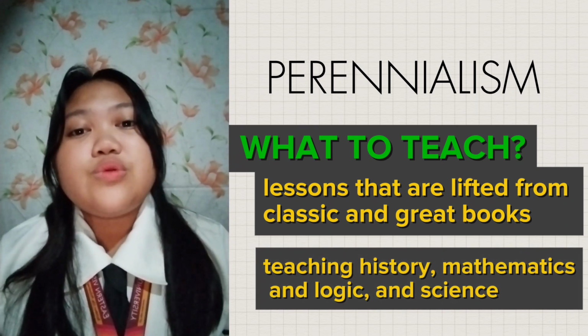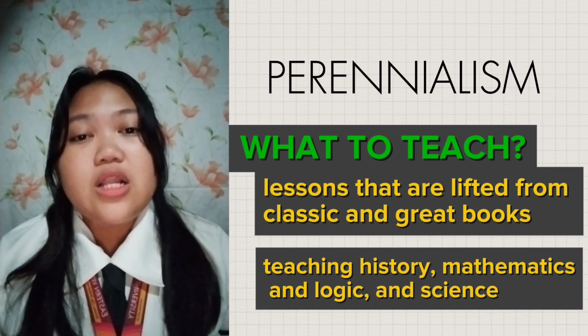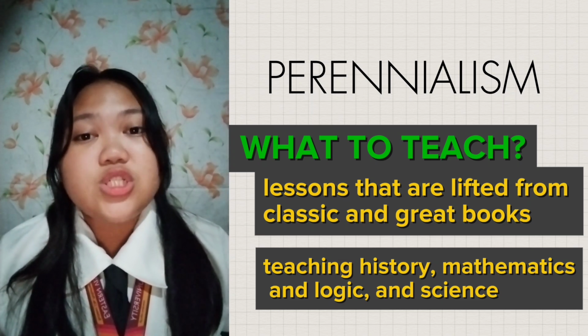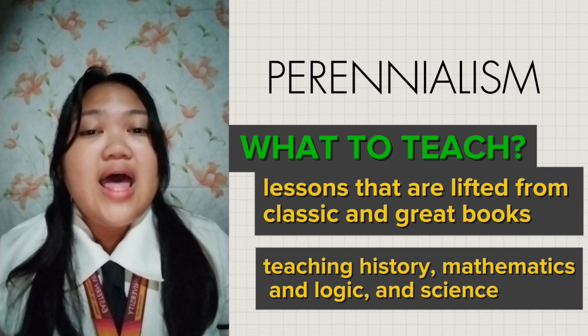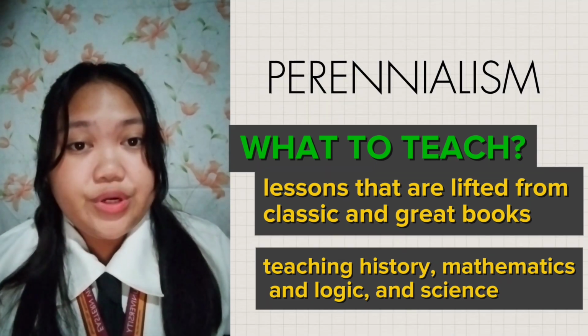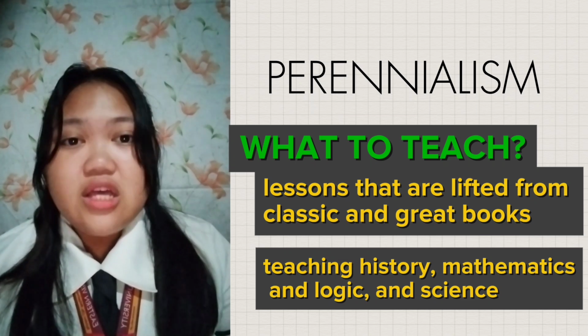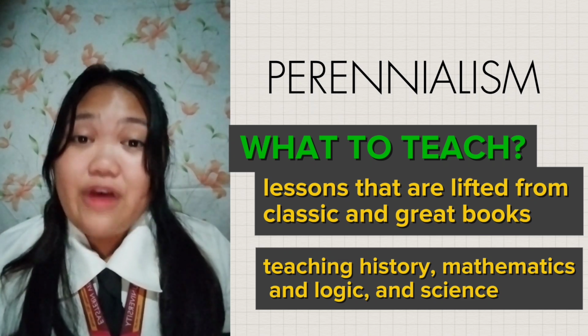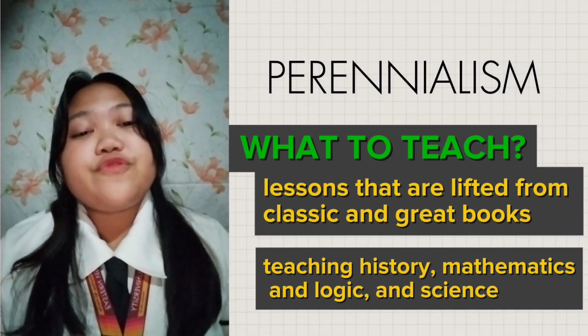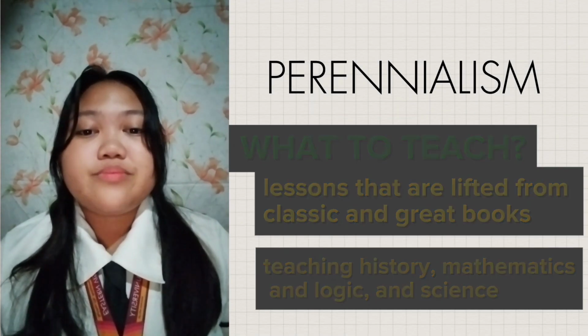For example, we teach history to students to develop their understanding of politics, showing how past events shape current political systems and ideologies. By studying great works of literature, philosophy, and history, students learn to analyze, evaluate, and synthesize information, skills crucial for success in any field.